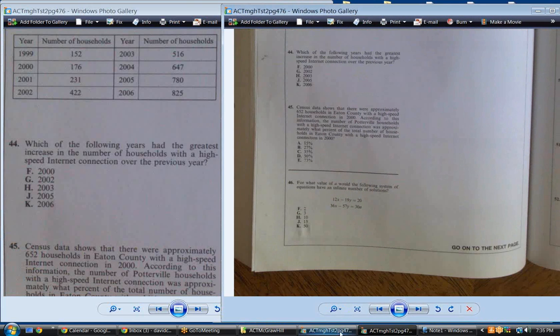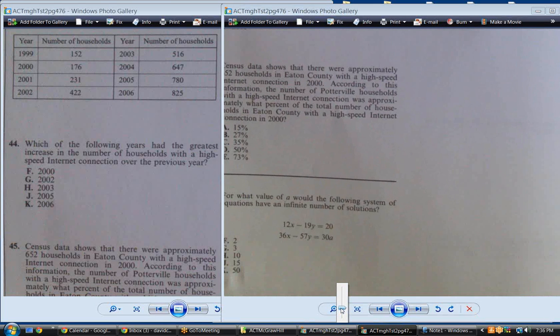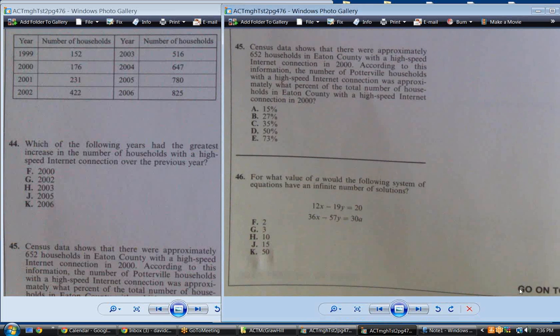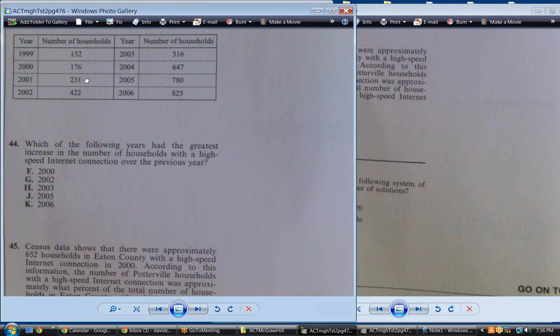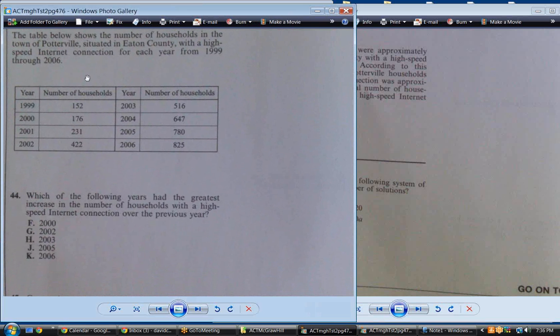So question number 45. Hold on. I think we need the title of this also. Yeah, we do. That's the number of households in the town of Potterville, which is in Eaton County.